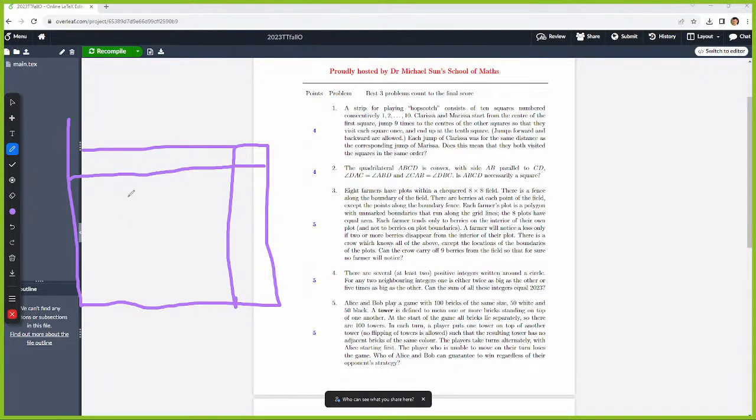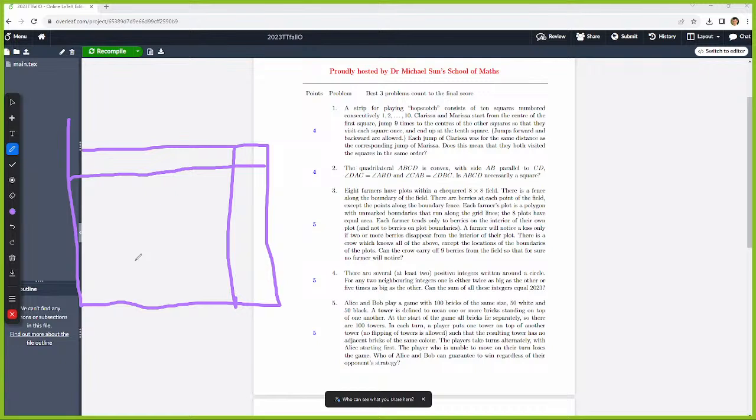So there are 64 squares altogether, and each farmer owns 8 squares. But the 8 squares they own have to be in a polygon. For example, they can own this 1 by 8 strip here, but they can't own 1 square here and 7 squares there. So it has to join. It has to be one shape.